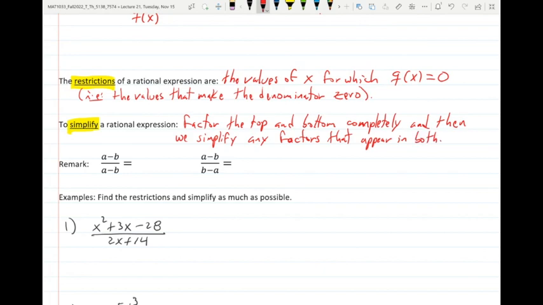Okay, so if you have something that appears in the top and also appears in the bottom, it's okay to cancel. As factors, you have to make sure that everything is factored. So that's very important.